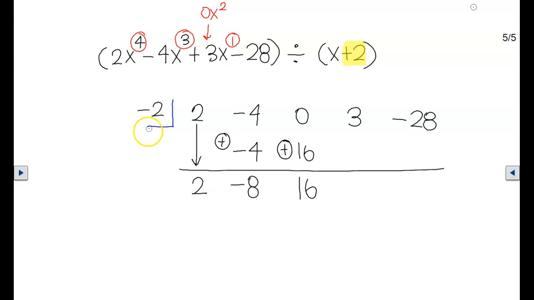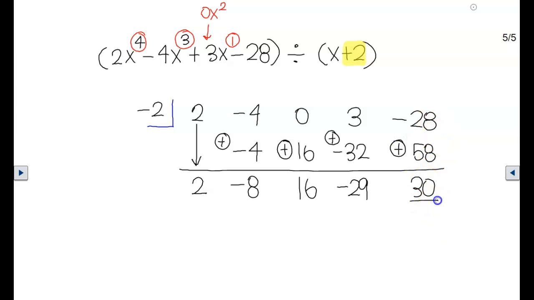We multiply negative 2 times 16. We get negative 32. And we add. 3 plus negative 32 is a negative 29. And then we finish this off by doing negative 2 times negative 29, which is 58. And we add. Negative 28 plus 58 is 30.